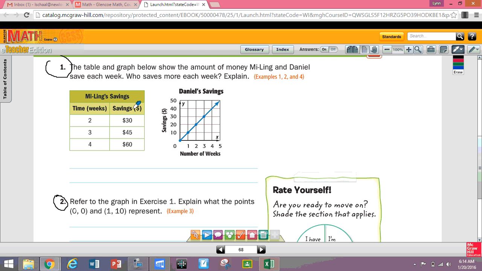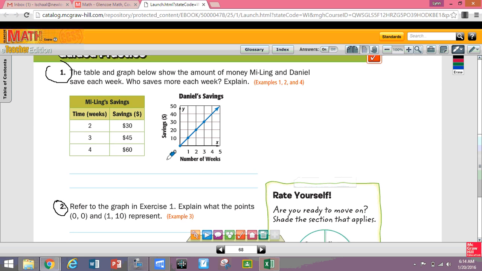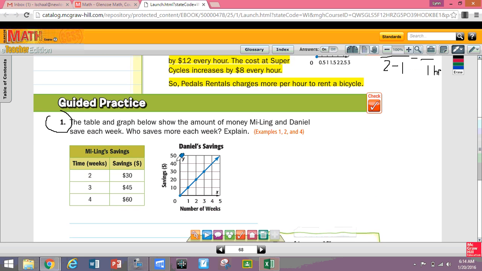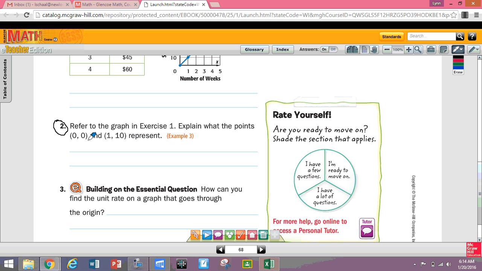For number 1, you're going to calculate your constant rate of change for Mealing Savings, and 2 points for calculating, the work and then the answer, and make sure you label, and then 2 points also for Daniel's, the work and then the answer, and then you need to explain it in sentences just like we did up here. Then, number 2, you have to tell me what those points mean, (0, 0) and (1, 10) on that graph.